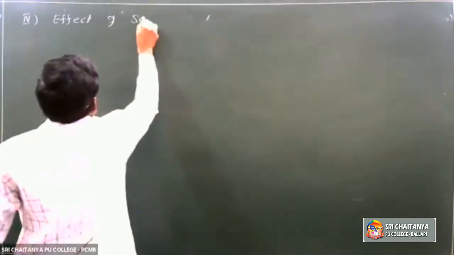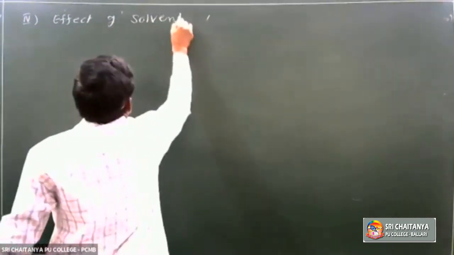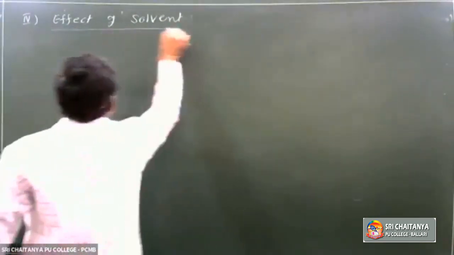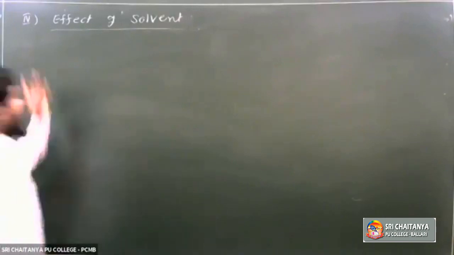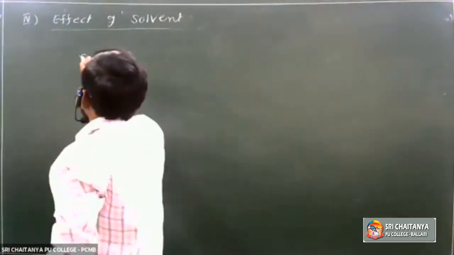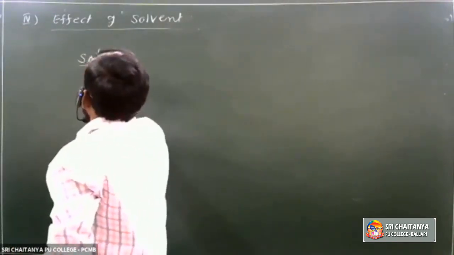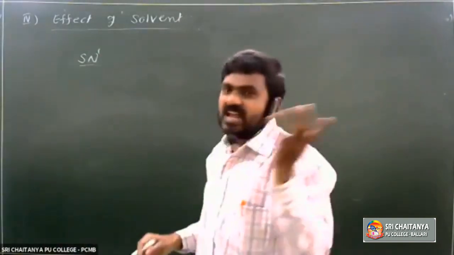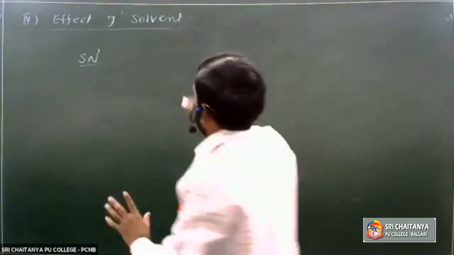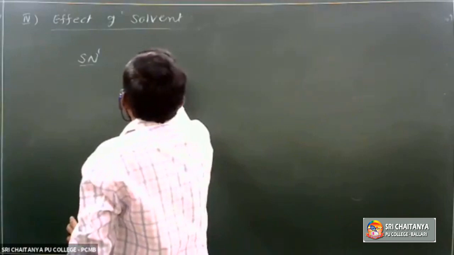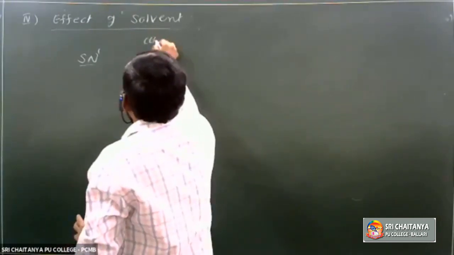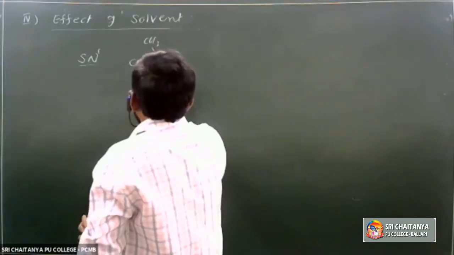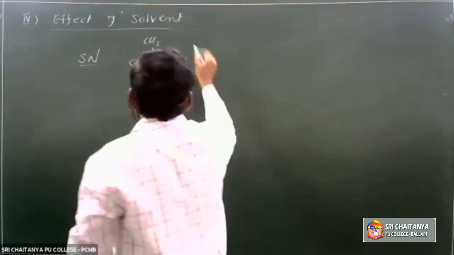Effect of solvent. Okay. Here, in case of an SN1 reaction, tertiary alkyl halides undergo SN1 reaction easily. So here it is a tertiary alkyl halide, with CH3 groups and the halide.